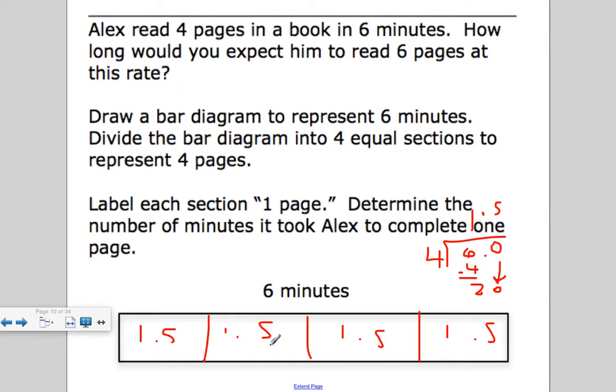So 1.5 plus 1.5 plus 1.5 plus 1.5 plus 1.5 plus 1.5, that would be 9 minutes. Or I could have just done this: I know I can read 1.5 minutes per page. I can multiply 1.5 times 6 and get 9.0, or 9 minutes.